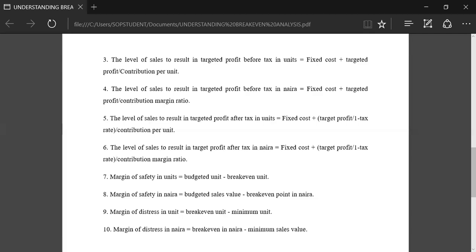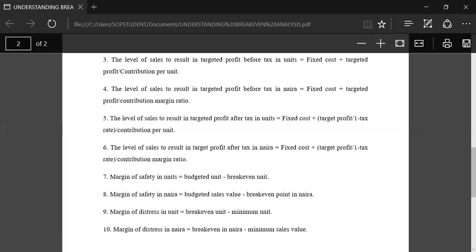Now, the margin of safety in units is gotten by the budgeted unit minus the break-even unit. And the margin of safety in naira is gotten by subtracting the break-even point in naira from the budgeted sales value.